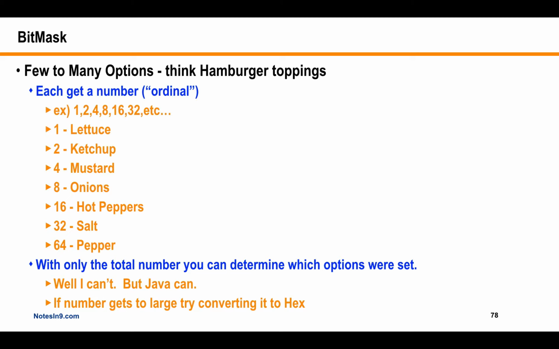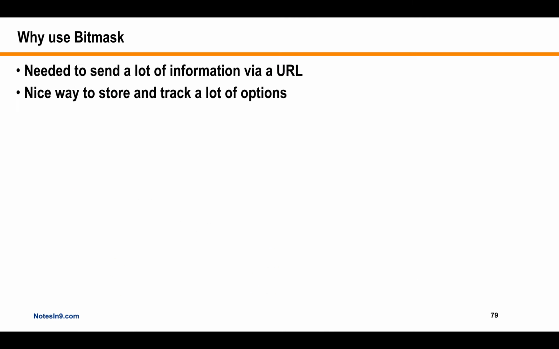So you could call lettuce, ketchup, mustard is 4, onions is 8, hot peppers is 16, etc. And then you add those up, and whichever ones you pick, you can determine which options were selected from the total number. Well, I can't make that determination, but Java can at least. And if that number does get too large, you can Mark Watney it and convert it to hexadecimal, I believe. I haven't done that yet, but I wouldn't think there'd be a major problem in that. Just convert it back and stuff like that.